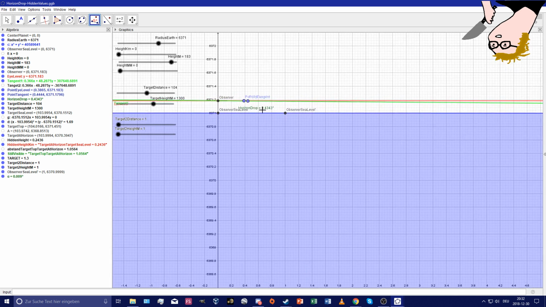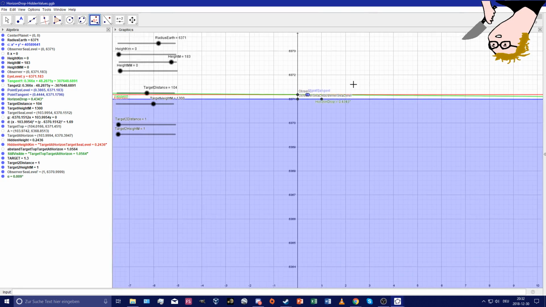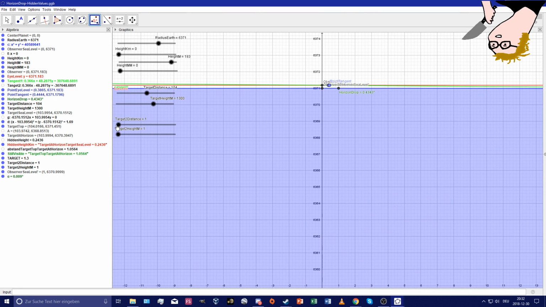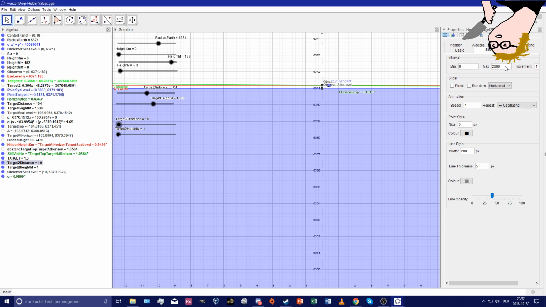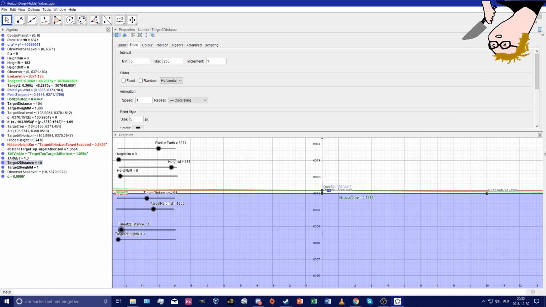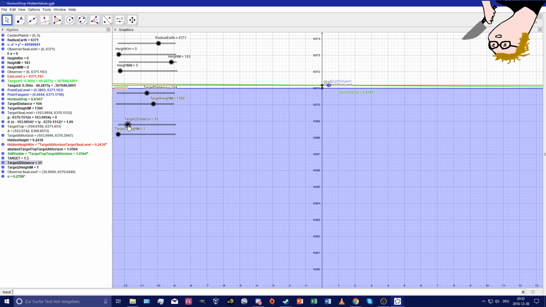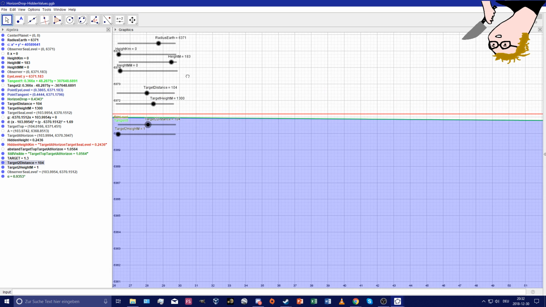This looks okay. So just to make sure, we're gonna set the target 1 distance at this target 2 distance. 1,000 kilometers? What did I do here? 200. There we go. Much better. So we're gonna see target 1 distance at 104 kilometers. Just to make sure that this is working, it should be at the same position as target 1.